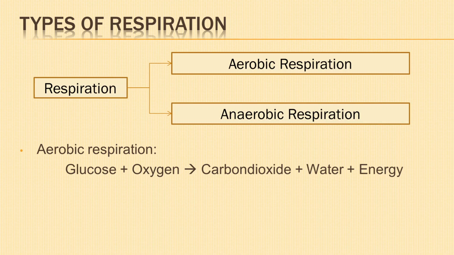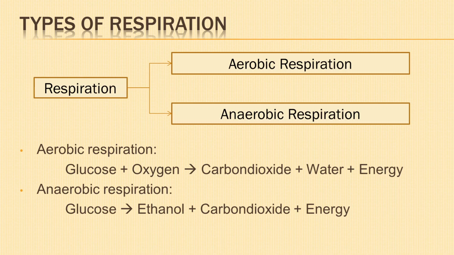Anaerobic respiration. It is the type of respiration through which cells can break down sugars in the absence of oxygen and liberate energy. In yeast cells, glucose breaks down into ethanol and carbon dioxide with the release of energy.